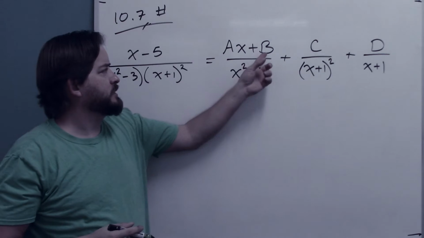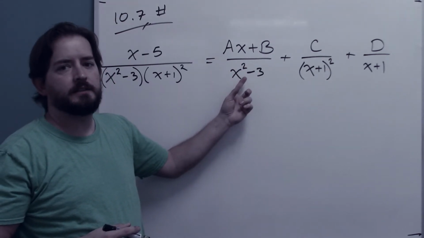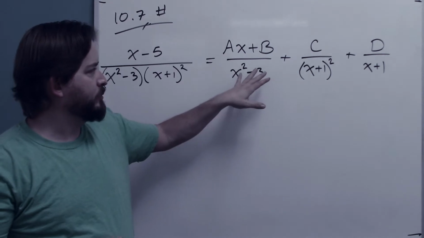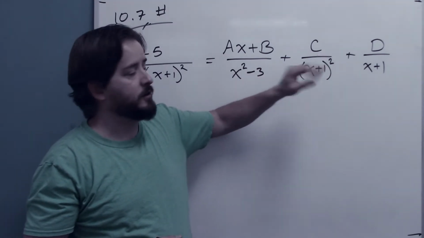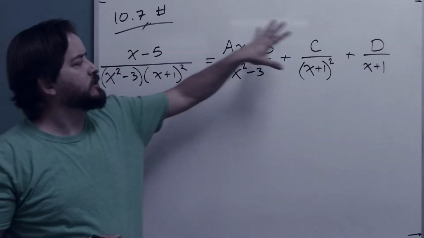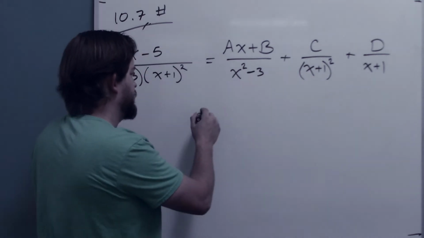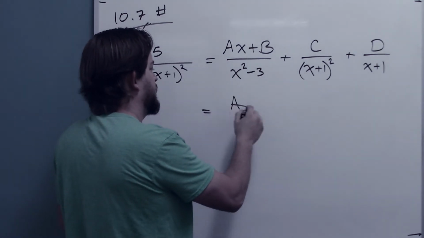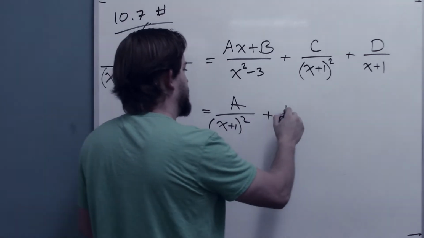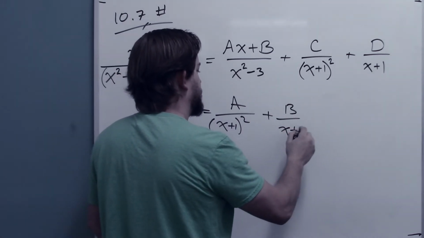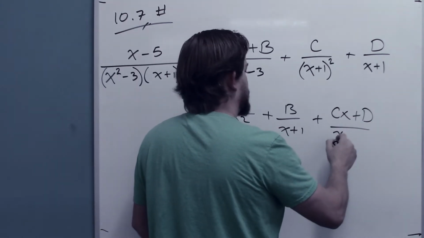So this ax plus b, this polynomial appears because this is not reducible and it's not a repeated power of another factor, right? So our answer should look like this. It may be in a different order, right? It could very well be a over x plus 1 squared plus b over x plus 1 plus cx plus d over x squared minus 3.